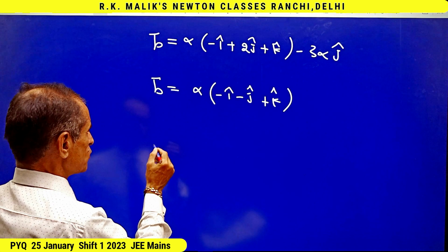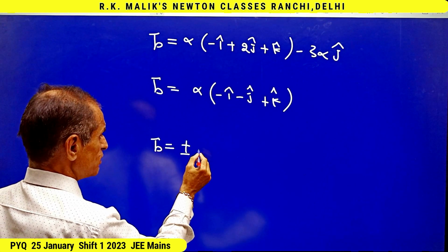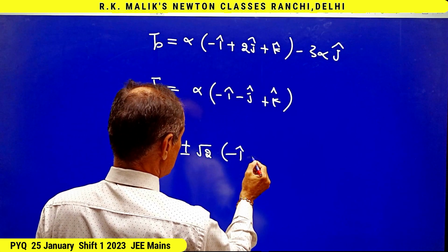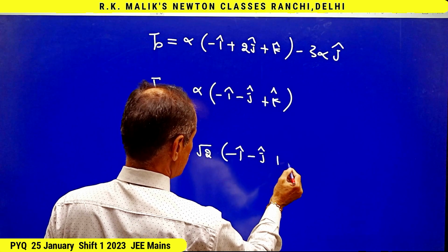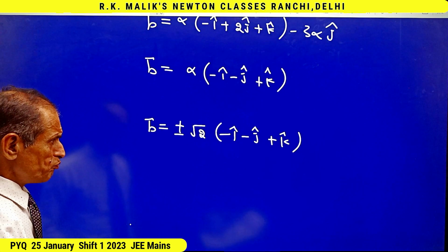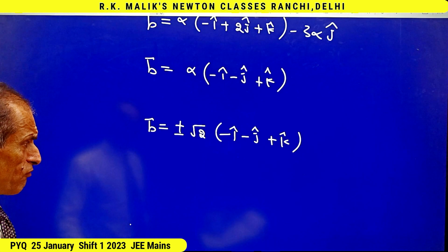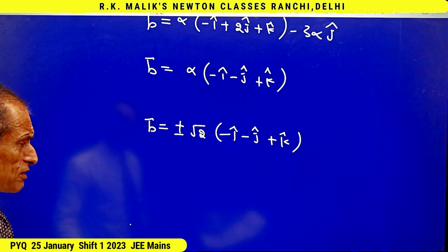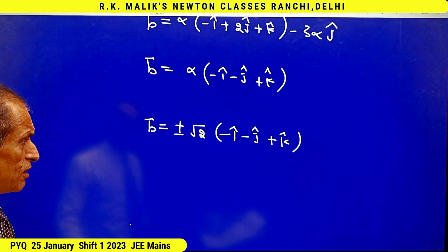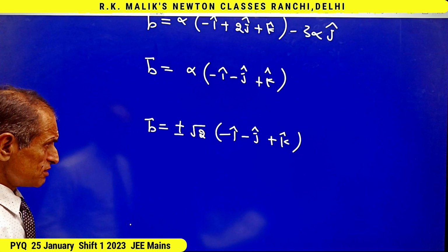And now taking alpha equal to plus minus root 2, I will be getting two values of B, that is root 2 into minus i minus j plus k. And because it is given that B vector is rotated through an angle of 90 degrees, and while rotating it is passing through the y-axis also, it clearly means that the vector B will be making an acute angle with the y-axis.